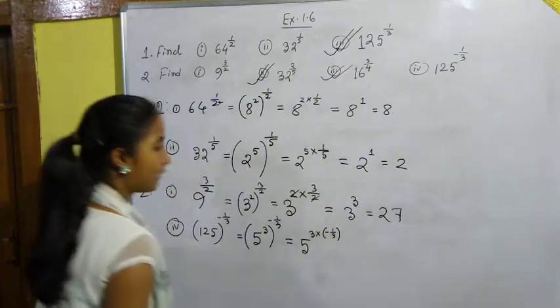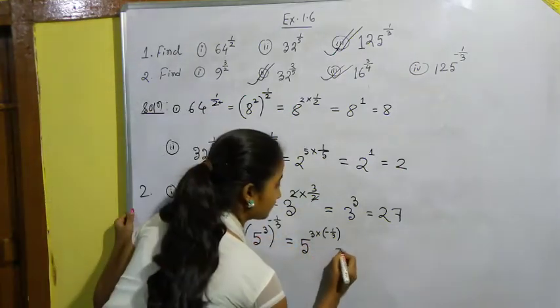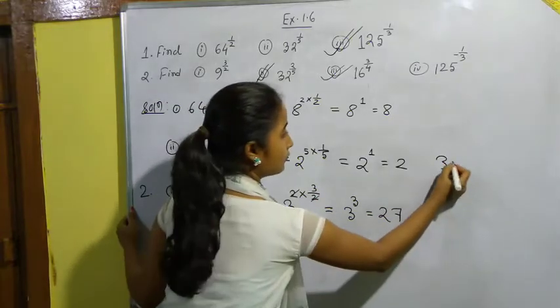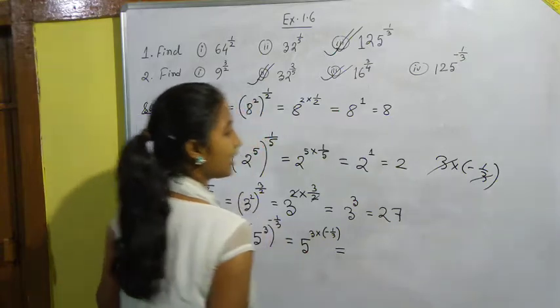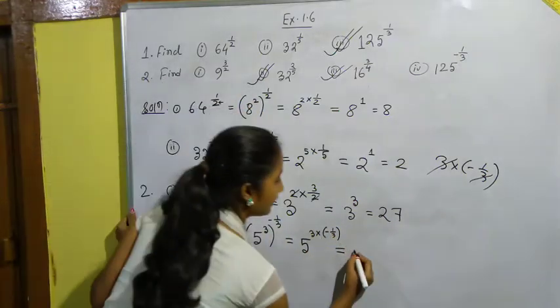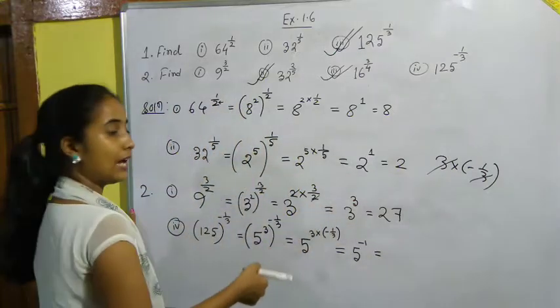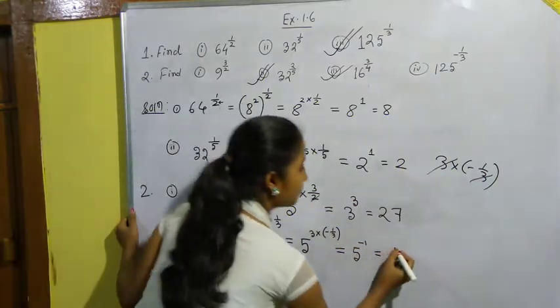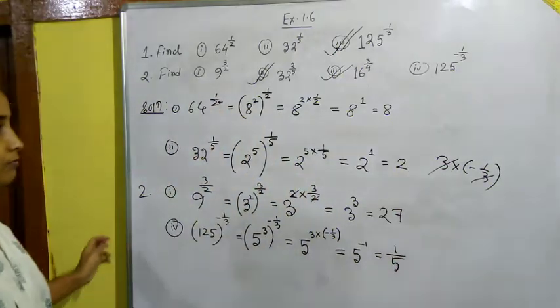I am using a bracket because of this minus sign. Okay. Now 3 into minus 1 by 3. These 3 and these 3 are cancelled out. The remaining number will be 5 to the power minus 1. And you know that 5 to the power minus 1 means 1 by 5. The answer is 1 by 5.